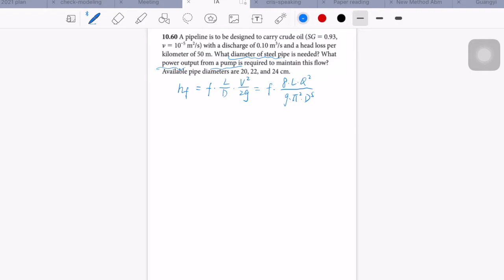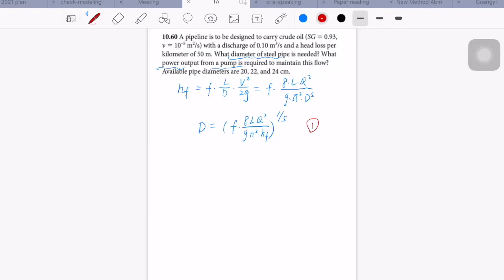And solve for diameter, so we have the D should be equal to F times 8 times L times Q squared divided by the G times pi squared times HF, to the power of 1/5. And we consider this equation as equation 1.